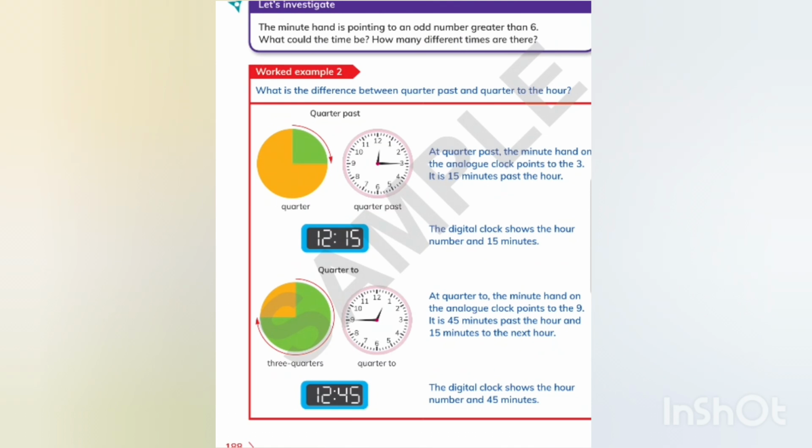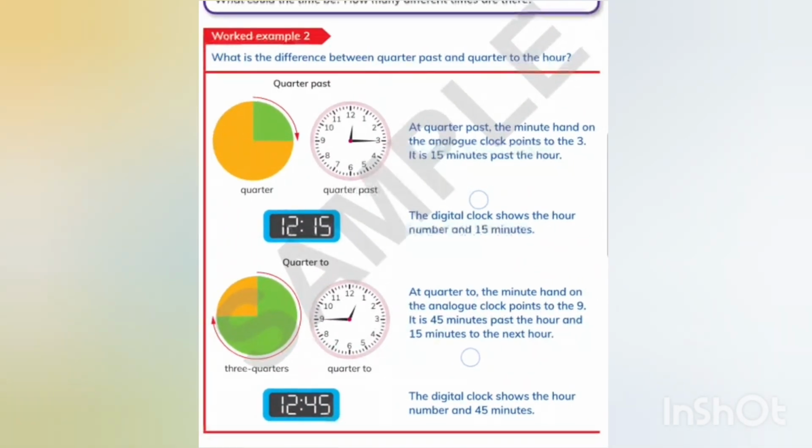This is page number 188, and we are learning the concept of quarter past. Okay, let me read this one. What is the difference between quarter past and quarter to?